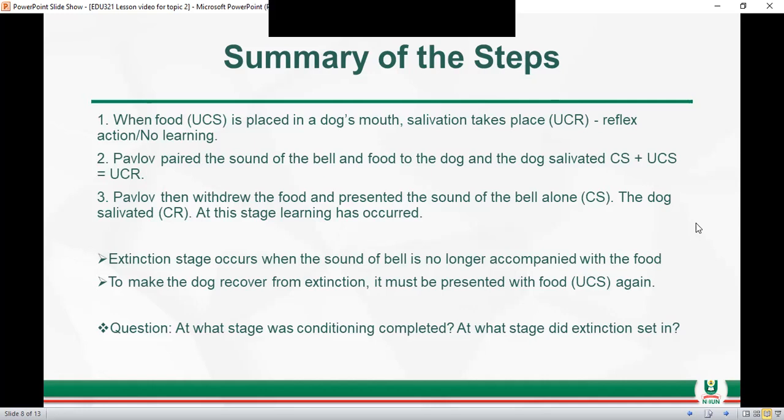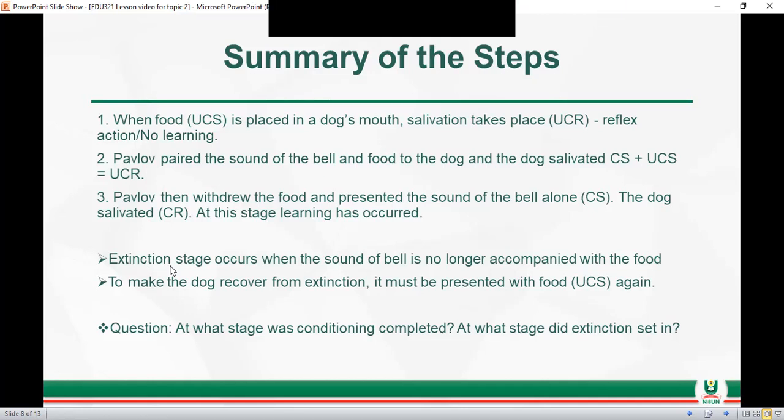The dog has learned to salivate at the sound of the bell alone. And the extinction stage, of course, is when the sound of the bell is no longer accompanied with the food. To make the dog recover from extinction, it must be presented with food again.